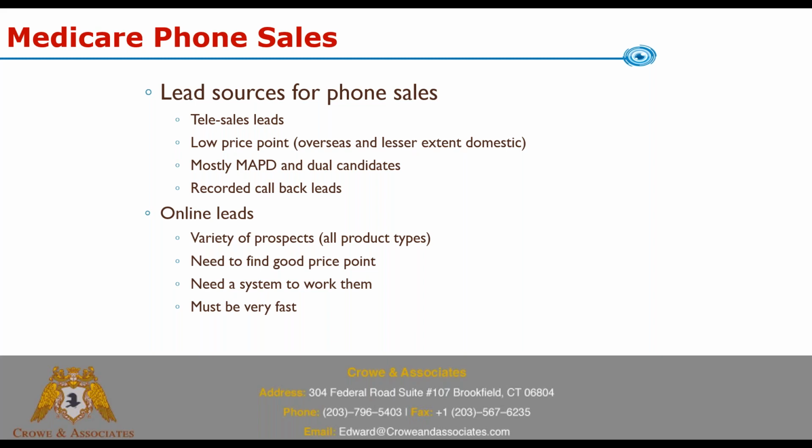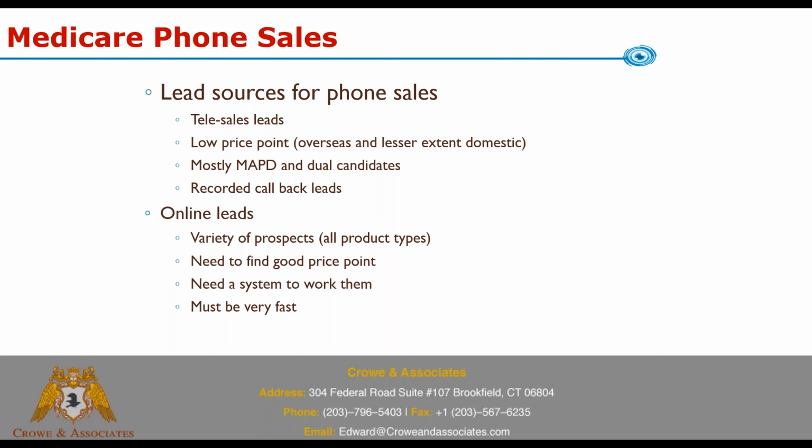What's interesting about telesales leads is you can't cold call for an Advantage plan, so they are supplement leads. But consumers really don't know the difference between a supplement and an Advantage plan in most cases. So even though they're calling for supplements and you're talking to them about supplements, these usually will wind up being people that are actually interested in an Advantage plan or they're a dual candidate.